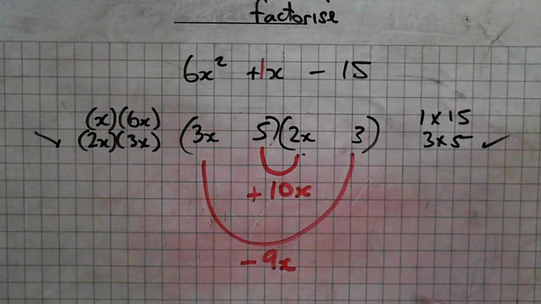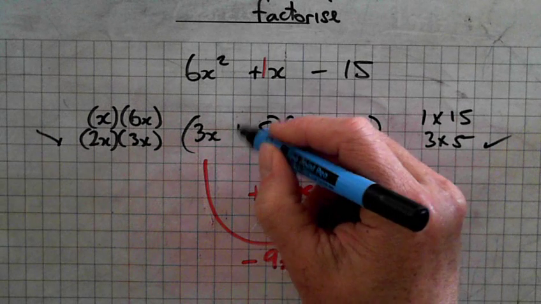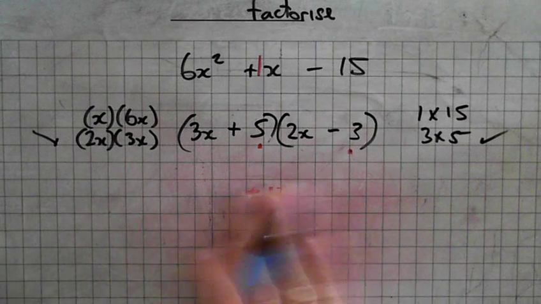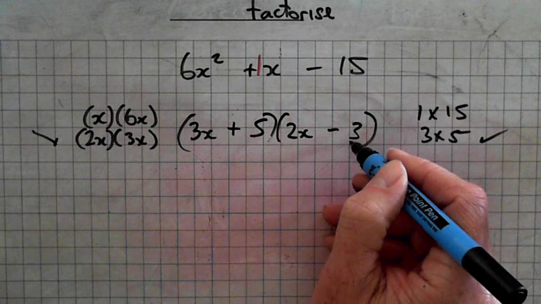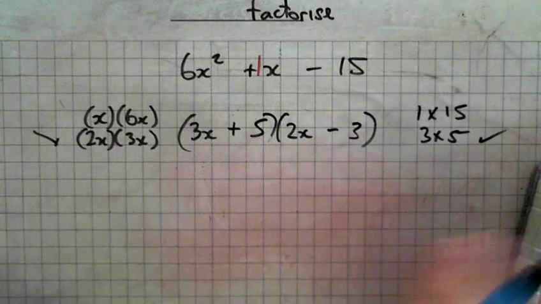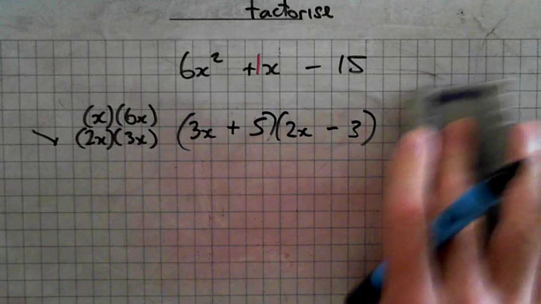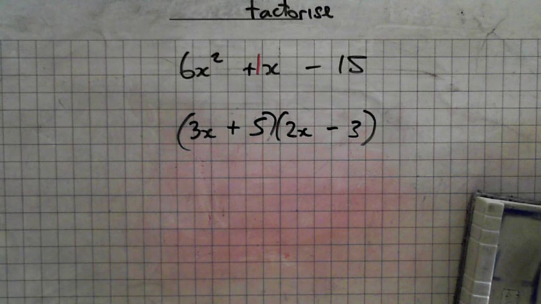Plus 10 minus 9. Okay, so the top sign goes left, bottom sign goes right. Okay, the final check. Plus 5 times minus 3 is minus 15. Okay, so we're finished. So it's always a good idea to use the bottom pair of factors first.